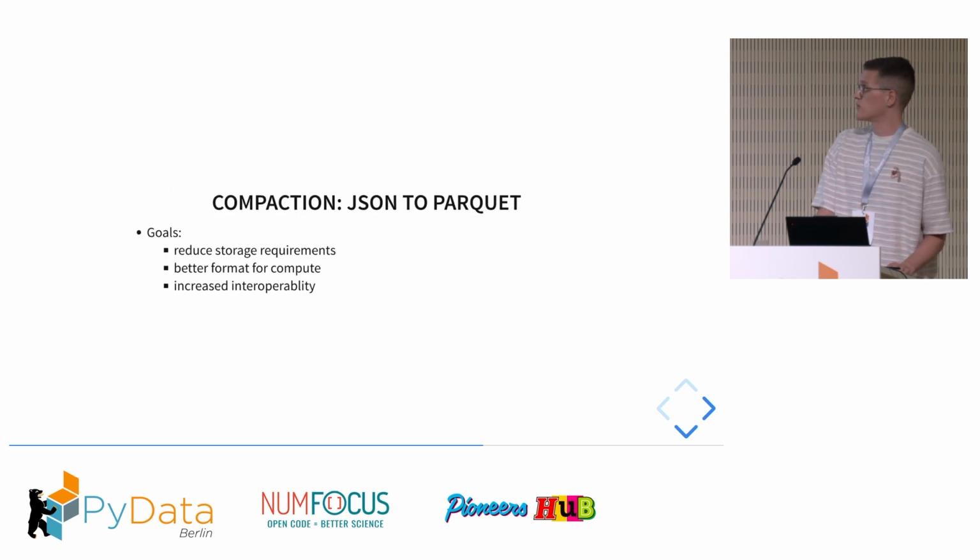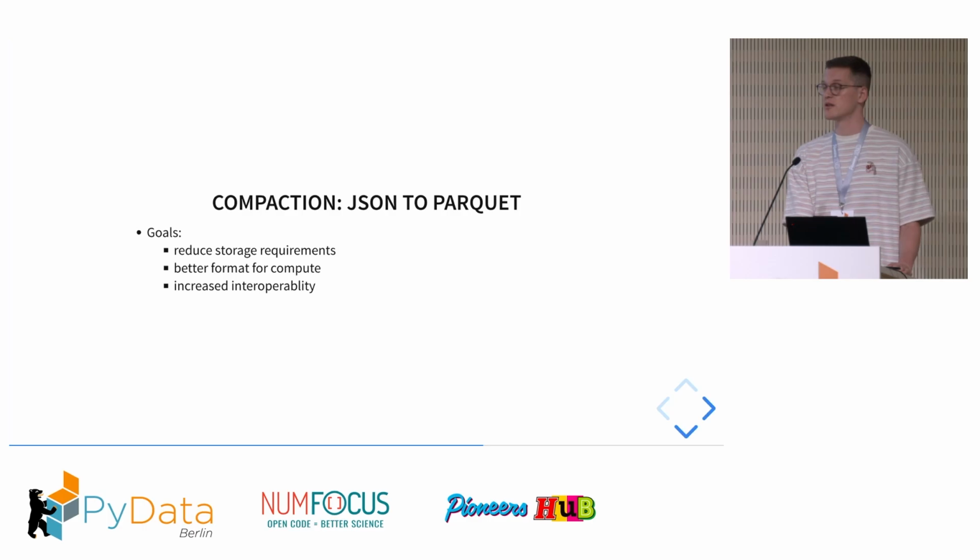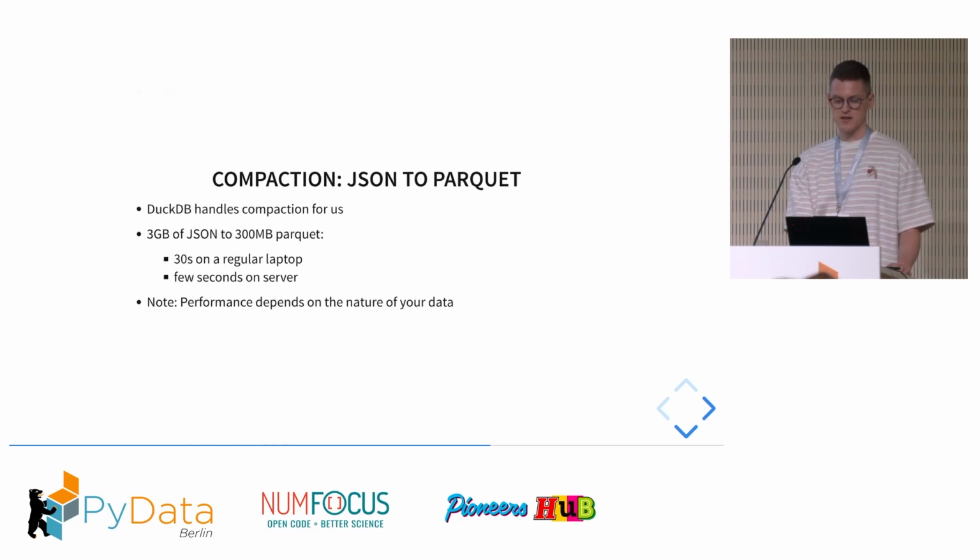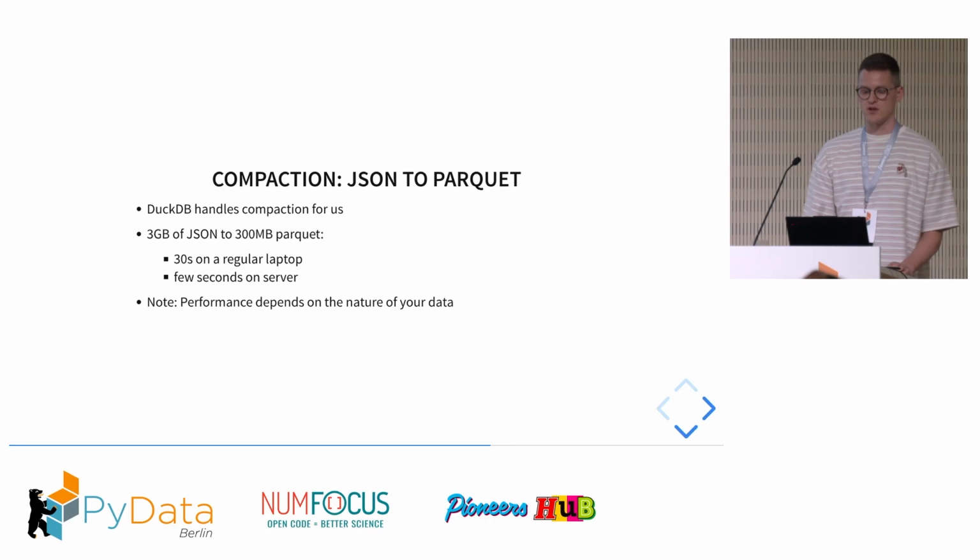The compaction that I've been talking about is basically our transformation from JSON files to Parquet. The goal is to reduce storage requirements, have a better format for our compute, and also increase interoperability with other systems. So DuckDB handles all of this for us, because in one of my projects, I have 3 gigabytes of JSON per hour, and then I compact it to about 300 megabytes of Parquet.